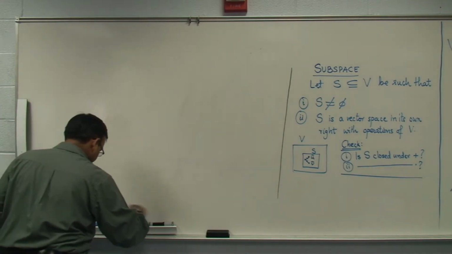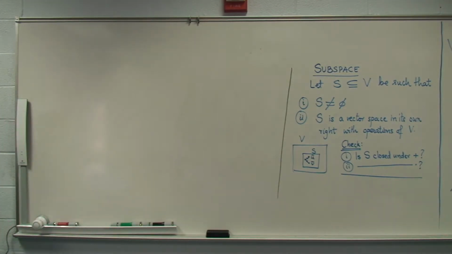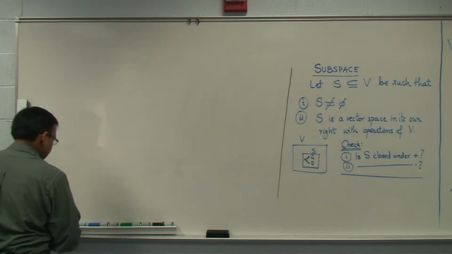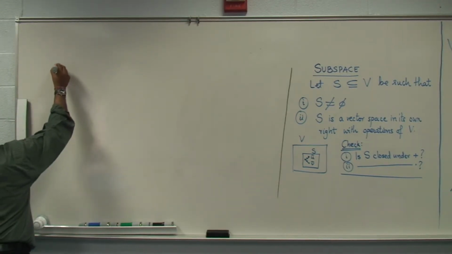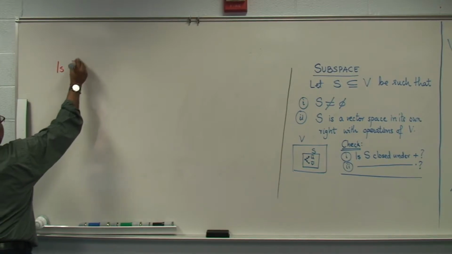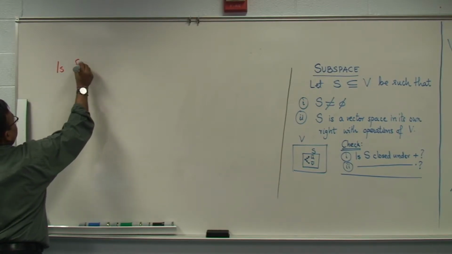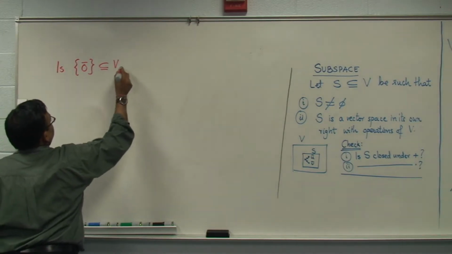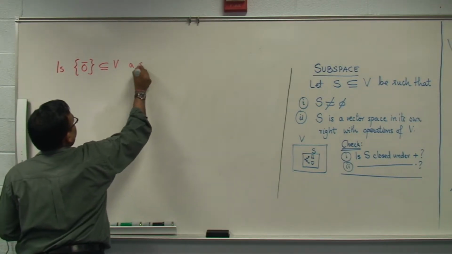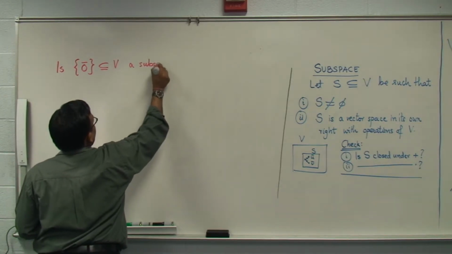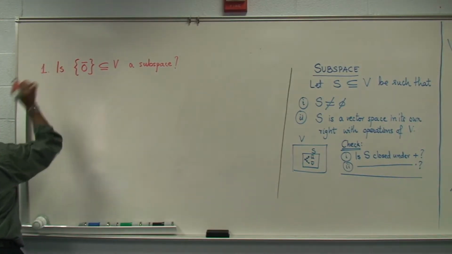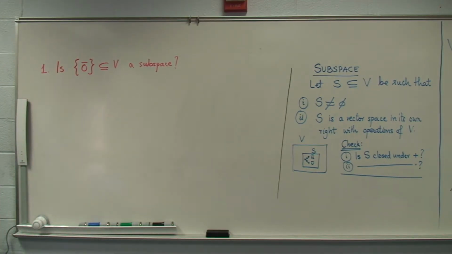So first things first. Suppose I have the zero vector in my vector space. Is this a subspace? Is the so-called zero set a subspace of my vector space?